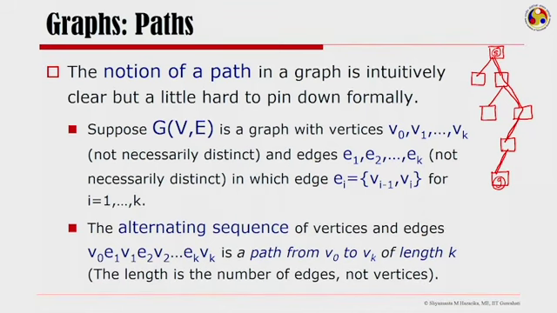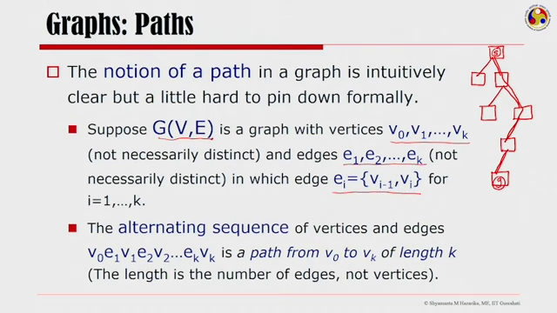So suppose I have a graph which is a set of vertices and edges, and I have vertices V0, V1, V2, up to V_k, not necessarily distinct, and I have edges E1, E2, and so on up to E_k, not necessarily distinct. Now each edge E_i is a pair of vertices.